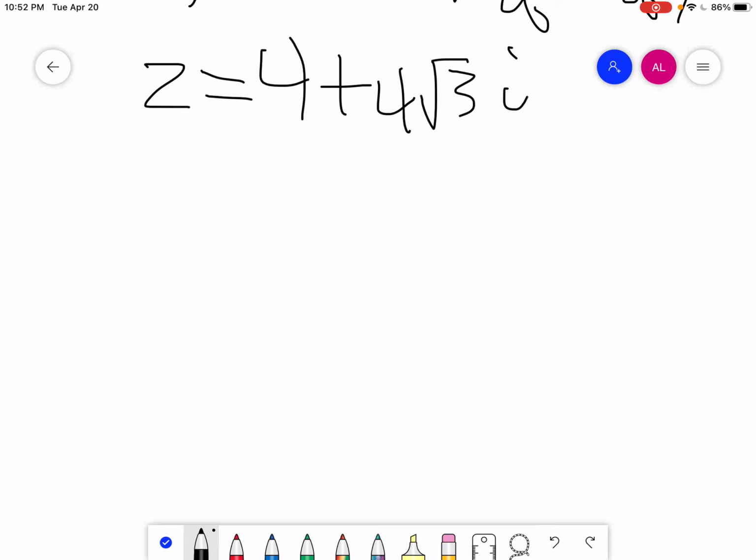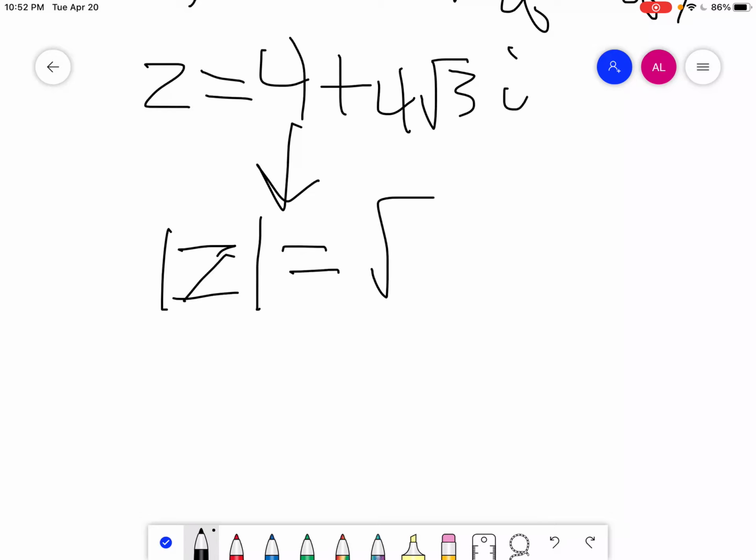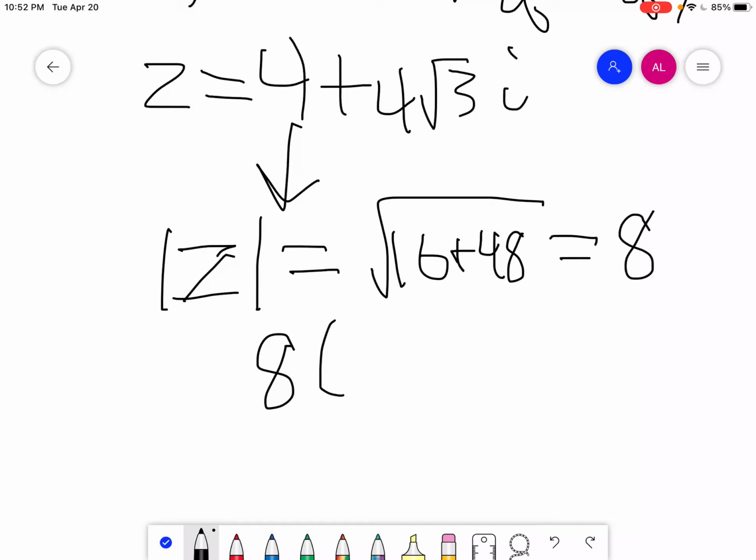I know that the magnitude of z is the square root of 16 plus 48, which is equal to 8. So this is 8 times 1/2 plus square root of 3 over 2 i.